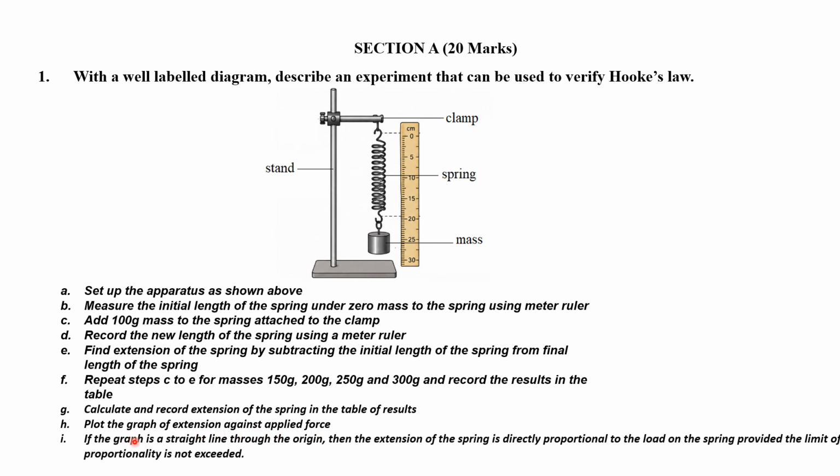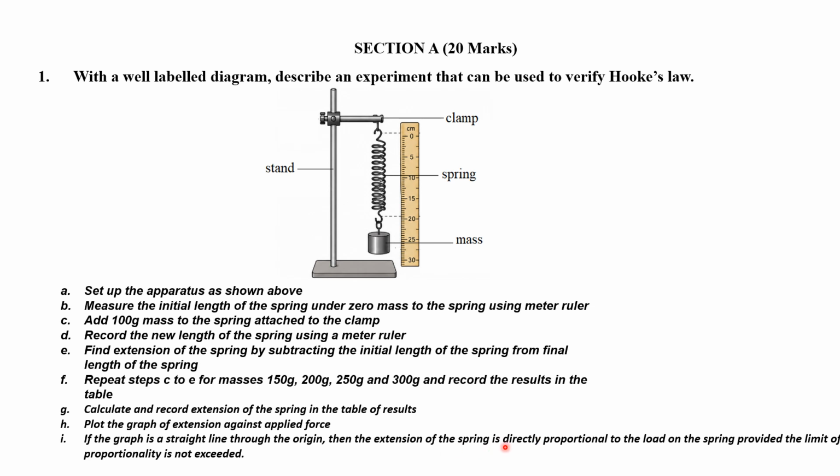So you conclude by saying that if the graph is a straight line through the origin, then the extension of the spring is directly proportional to the load on the spring, provided the limit of proportionality is not exceeded. So this is what Hooke's law says. So this is the conclusion.